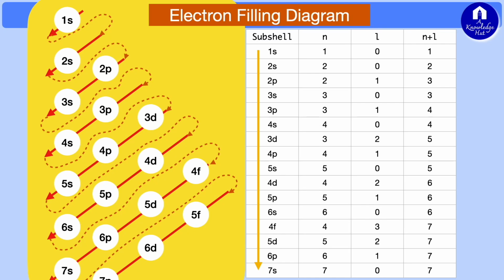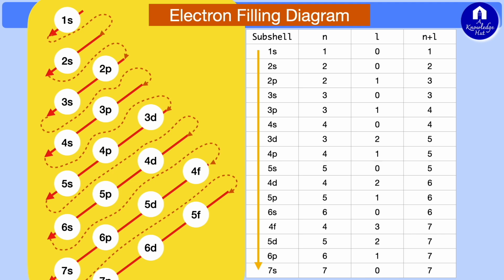You must have realized by now that at times the electron filling order becomes quite strange. It is also very difficult to recall. The diagram on your screen saves us from this trouble. It nicely presents the correct order of filling of electrons into subshells, keeping in mind the n plus l rule. To know the correct order of subshells for electron filling, you just need to follow the arrow from the top in the diagram.